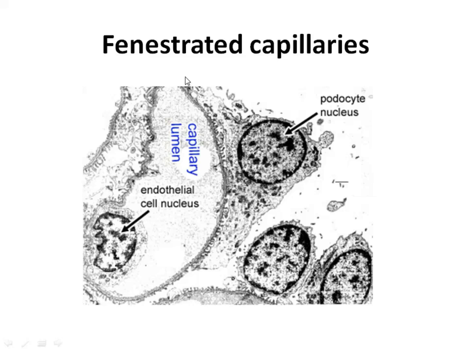So here in this scanning electron micrograph of fenestrated capillaries you can see the endothelial lining, they have very small size pores through which that exchange takes place, and the capillary is surrounded with the podocyte nucleus. So the nucleus of podocyte, and podocytes which form the basement membrane, and these are the endothelial cell nucleus and endothelial cell wall, through which that fenestrated exchange takes place.